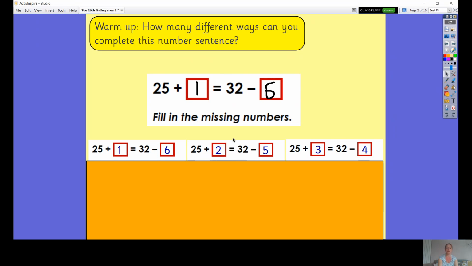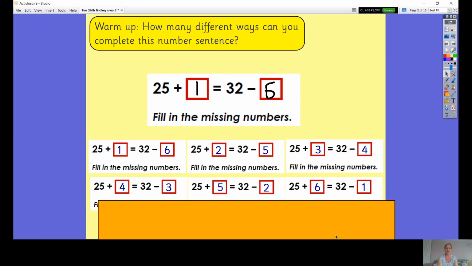So I put 1 more in that box, which was a 2, and 1 less was 5. So I know that that number sentence is correct as well. Then I adjusted it a bit more. This time I put 1 more again in here, so I changed that from a 2 to a 3, and this number goes down 1. I can put 1 less in this box, so that was a 4 on that side.